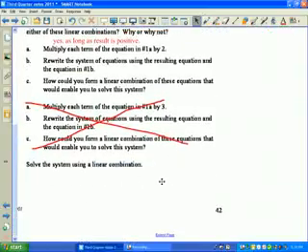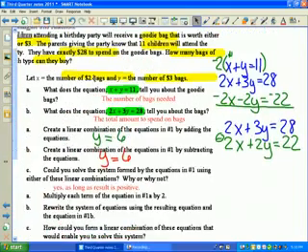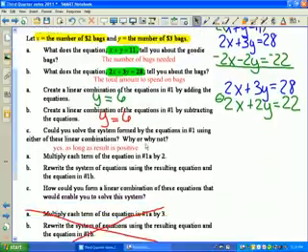So now we have to go back and recognize what is y. Y represented, if I slide this over a little bit, y represented the number of $3 bags, right? So we got y equals 6. What does that mean?